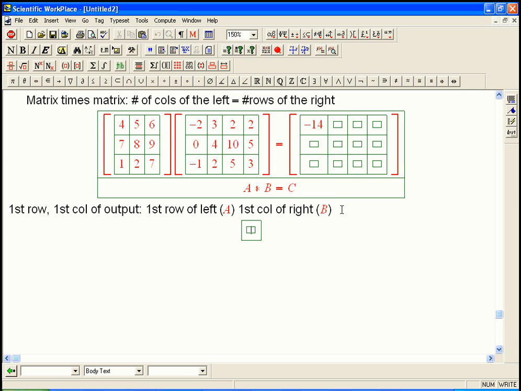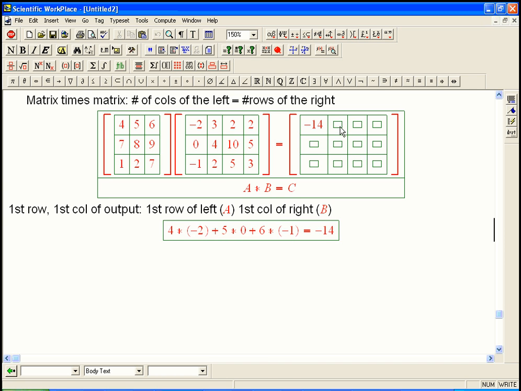Okay, so the scratch computation there was 4 times minus 2 plus 5 times 0 plus 6 times minus 1. I guess I'll put a little star there too to make it all parallel. Okay, and that was equal to minus 14.